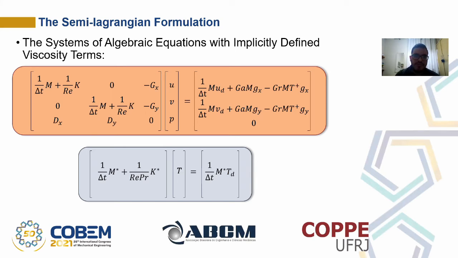We have two systems of equations. They seem uncoupled, but if we notice, the subscript D here in temperature is responsible for coupling those systems of equations, since we need velocity to determine the time derivative, the material derivative, of temperature. So we have two systems to be solved.